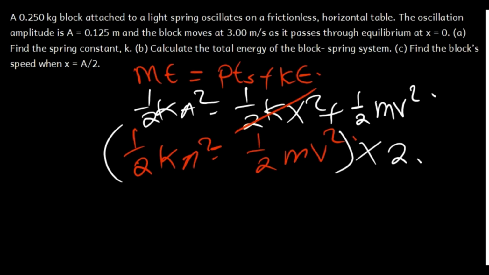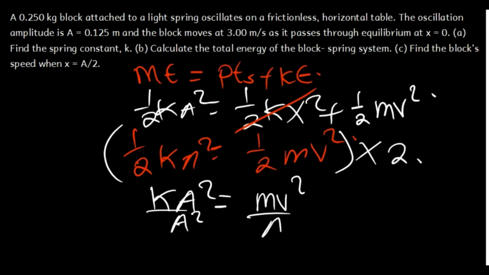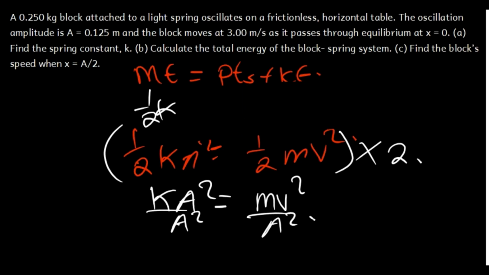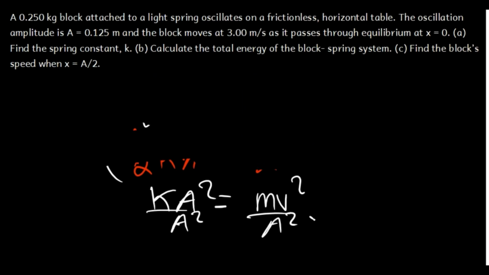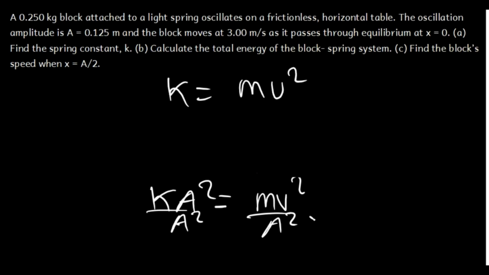So if I multiply by 2, I'm going to get Ka squared is equal to mv squared. Here I'm going to divide both sides by a squared. So to find the spring constant, since I have the velocity, the mass, and also the amplitude, K will be equal to the mass times v squared, everything divided by a squared.